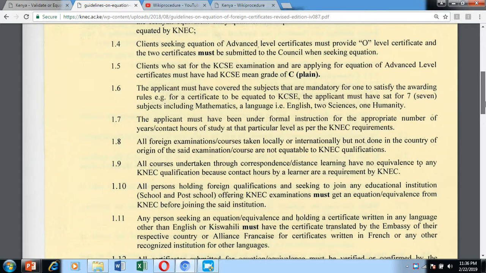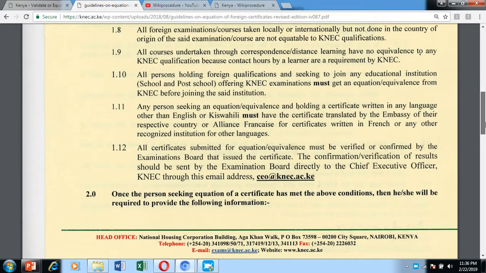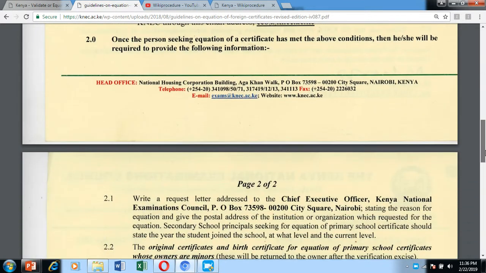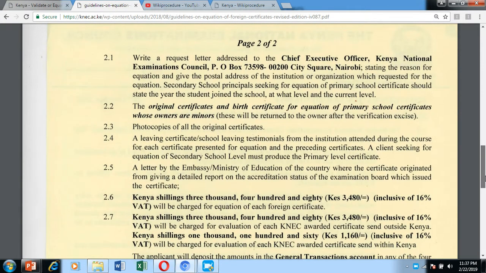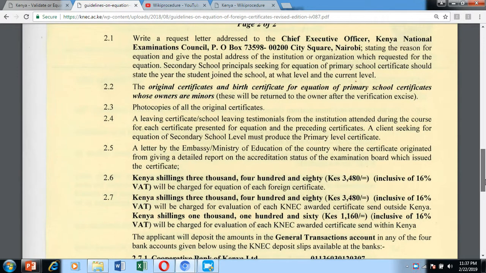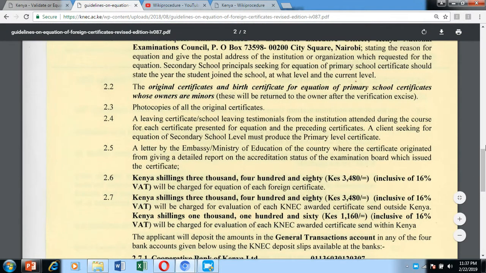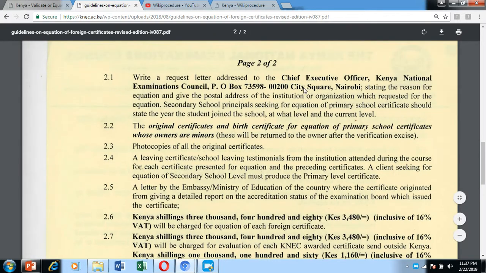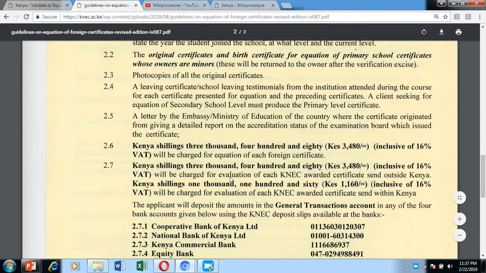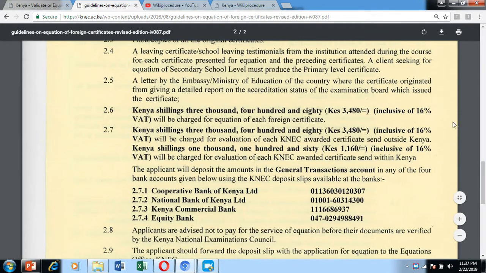Most of the guidelines give information about the certificates, and where the certificate should be originating from. After you have gone through and seen that you have satisfied the requirements, you should write the letter and address it to the Chief Executive Officer as stated. The applicable fees have also been mentioned there. 3,408 will be charged for equation of each foreign certificate.